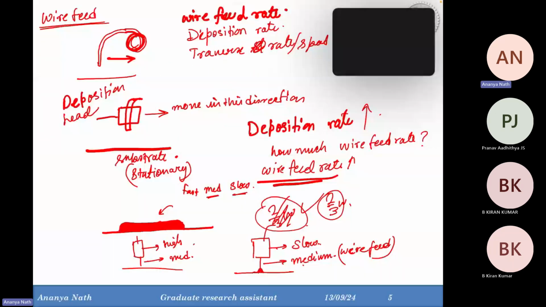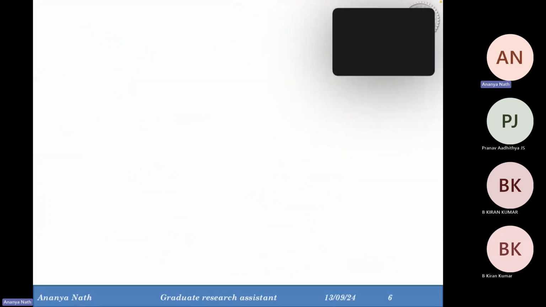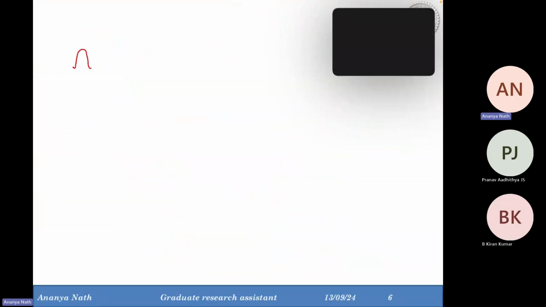So if the wire is coming more than what is required, then there will be slack formation, there will be sputter, there will be undulation over the build plate. If more material is coming, the bead may look like this because more material is coming than what is required.